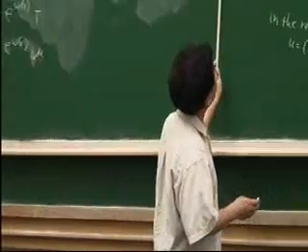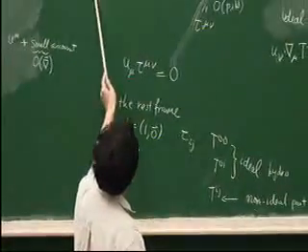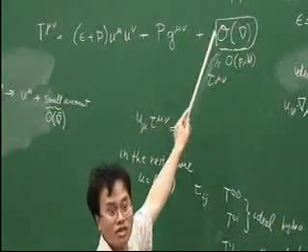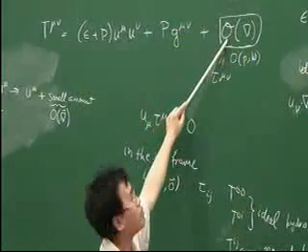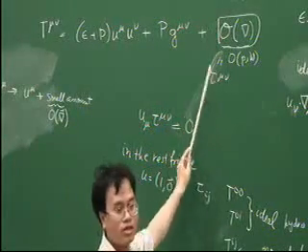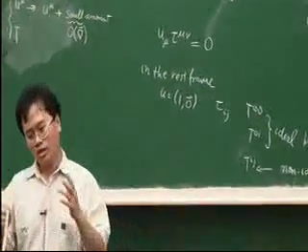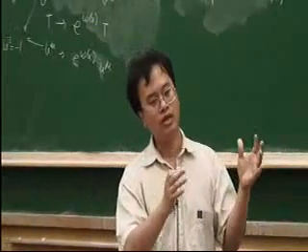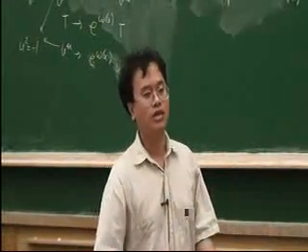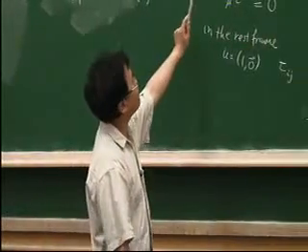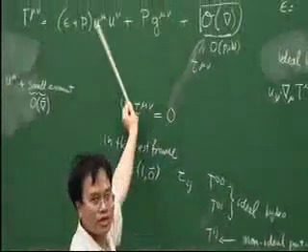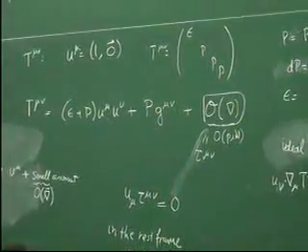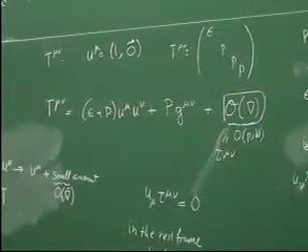This change of variables allows us to shift some part of the ideal part of the stress tensor into the non-ideal part, and vice versa. Since right now I'm going to write down the expression for this non-ideal part, I need to somehow fix the division between the ideal part of the stress energy tensor and the non-ideal part. So there is a degree of uncertainty. How do I shuffle the stress energy tensor between terms with zero derivative and terms with non-zero derivatives? And that is the arbitrariness that I want to fix.